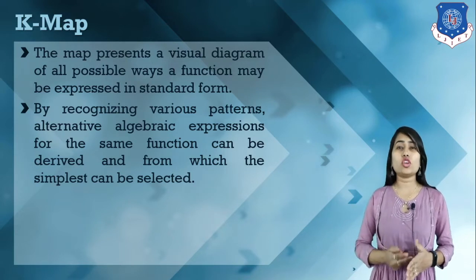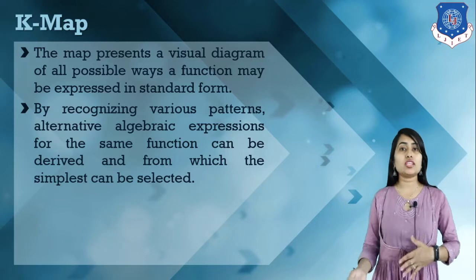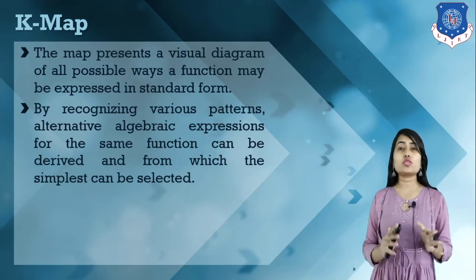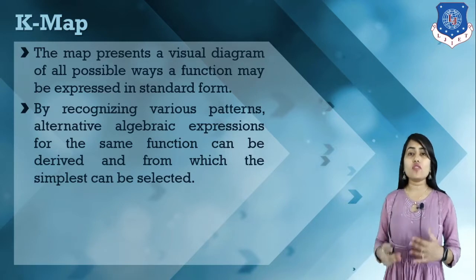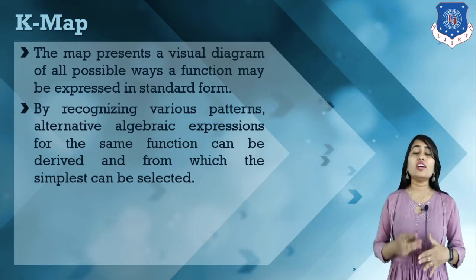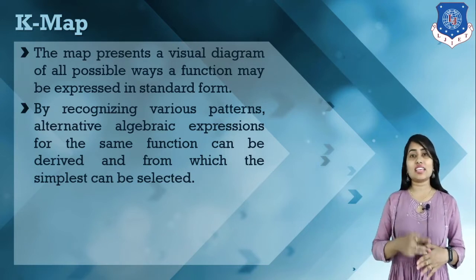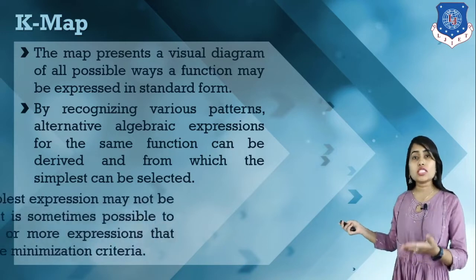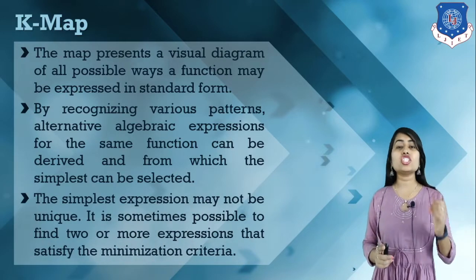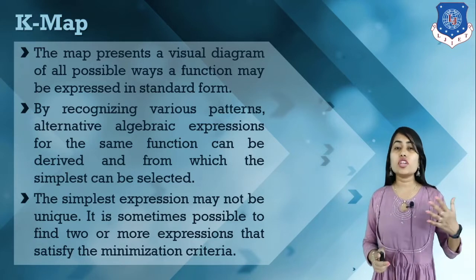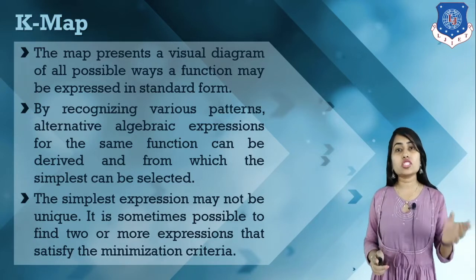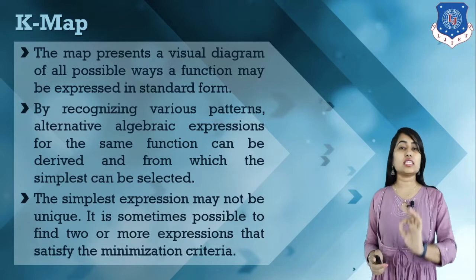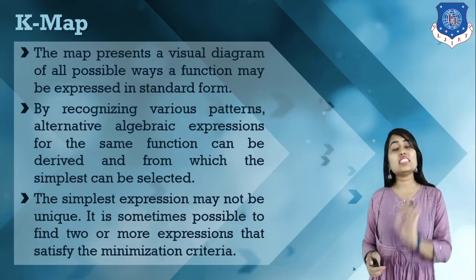Now if we recognize different patterns from a K-map, we get different kinds of logical functions. It is not necessary that in a K-map we have a unique answer. It may be possible that for one logical function we have different logical function outputs, and each is in a simplified form.